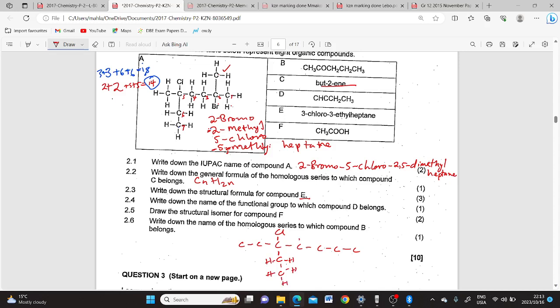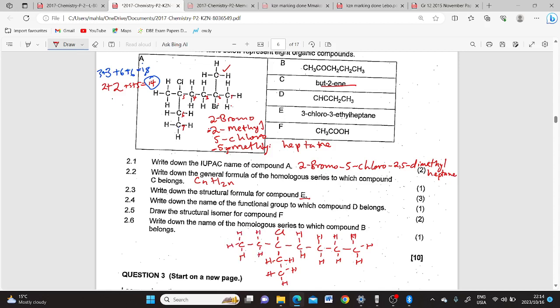Then now we're going to fill up the hydrogens here. Right, that will be the correct structure for the one.